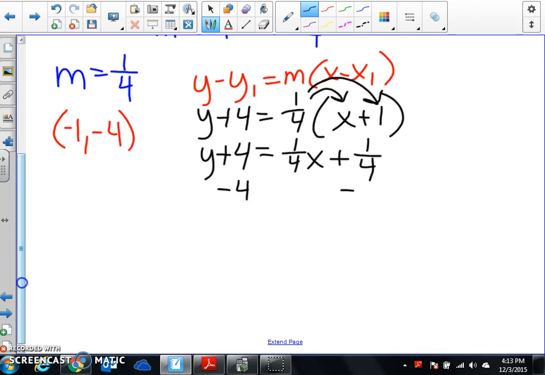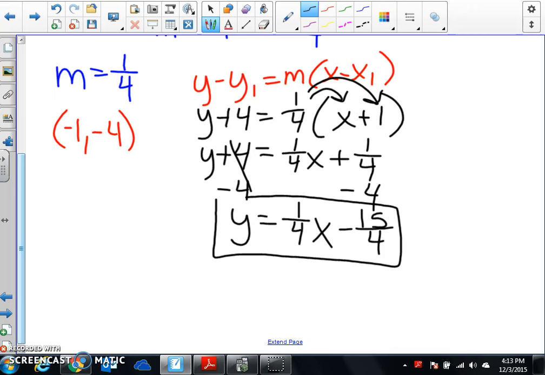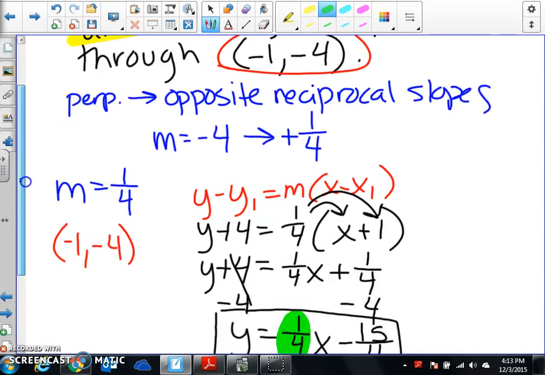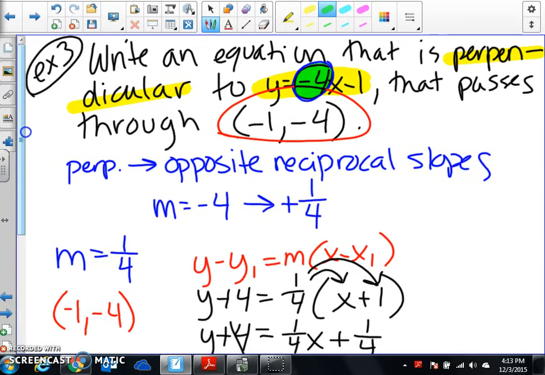And I subtract 4. y equals 1/4 x. Let's see. So I have negative, what is that, 16/4? So -15/4. I think so, at least. Yeah, -15/4. Now it's in slope-intercept form. And so to go back and check real quick, perpendicular lines have opposite reciprocal slopes. So my line is 1/4 x. The original was -4, so that's true.